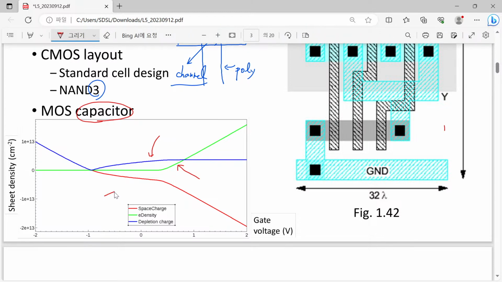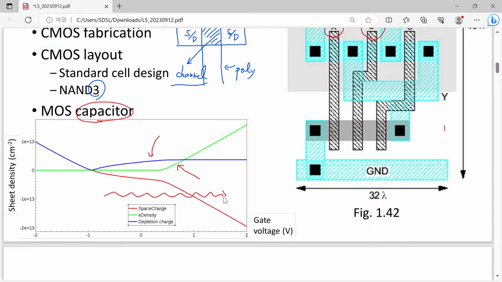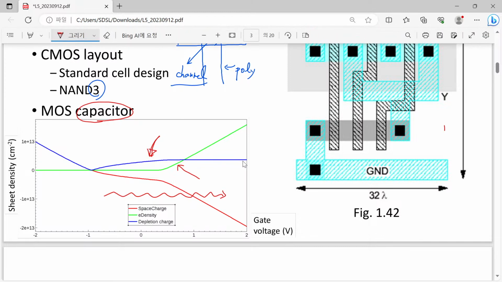Since we are increasing the gate voltage, in the substrate we have to have more and more negative charges. But what contributes this negative charge required for this MOS system? The blue curve corresponds to the so-called depletion mechanism, and the green line corresponds to the so-called inversion mechanism.